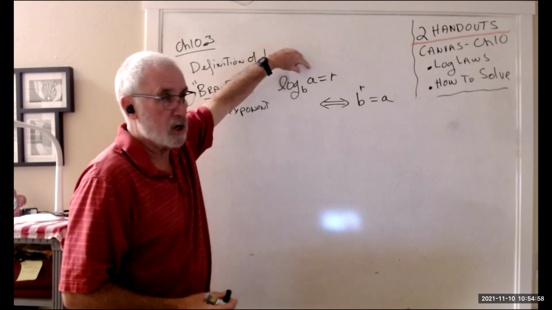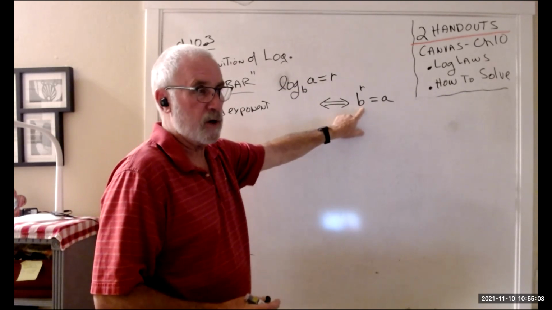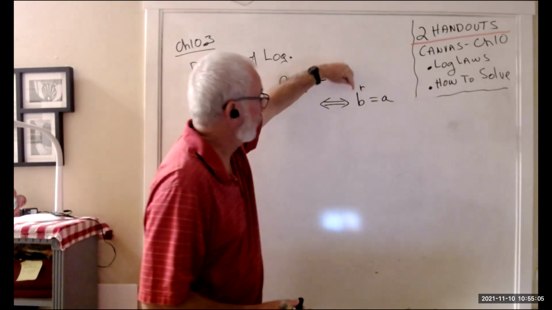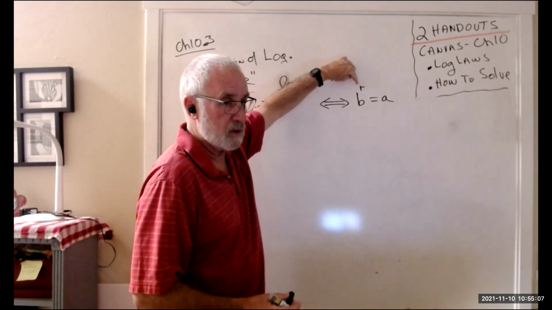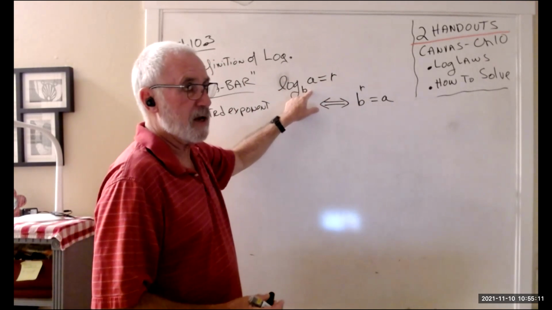Duh, because it's got a log in it. This is called an exponential equation. Again, duh, because it's got an exponent in it. So these two equations are the same as each other.